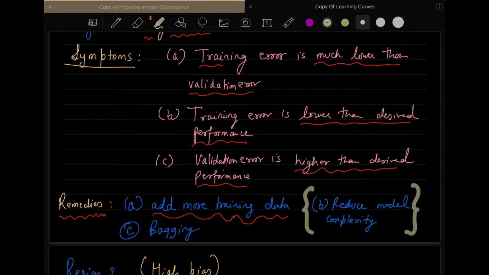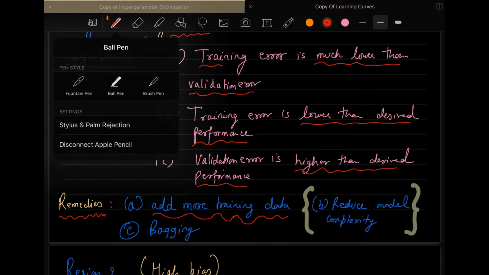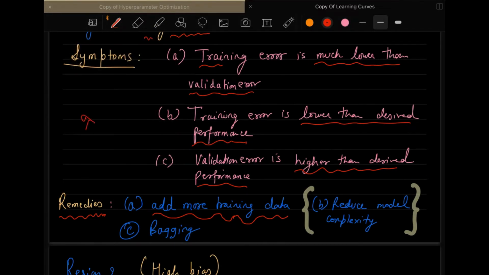That movement of weights towards zero can be done by using regularizers. So you can crank the regularization parameter up. When you crank this regularization parameter up, your weights will go towards zero, and there will be a chance that your model will move out from high variance and become a low variance and low bias model.